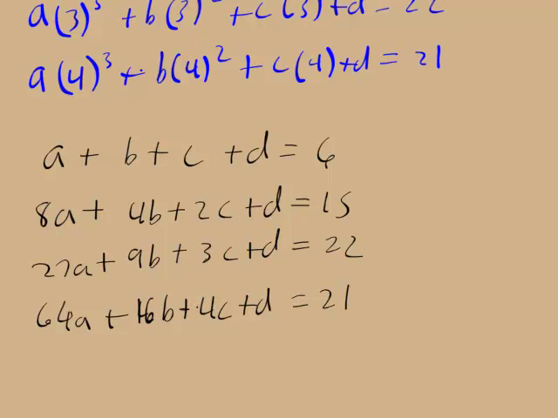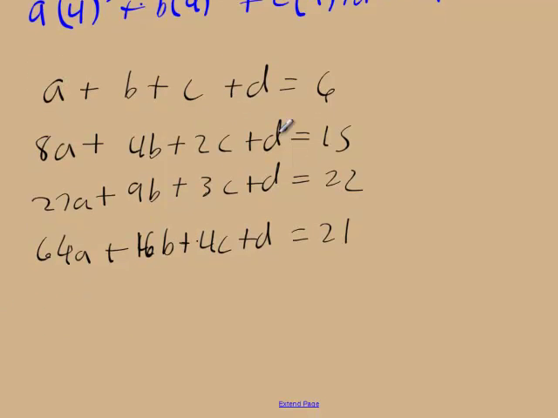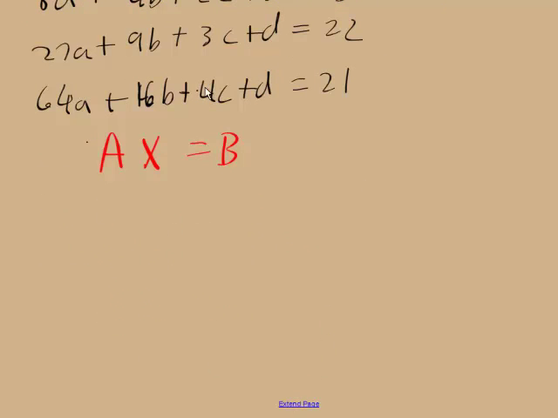Now we would set these up as a matrix, and remembering that when we solve matrices, it is AX equals B. So therefore our matrix would look like this. This would be our coefficient matrix.